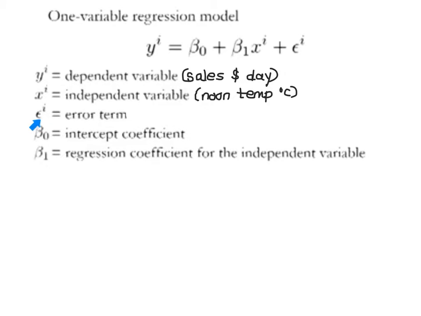Epsilon i is our error term. B naught is our intercept coefficient, otherwise known as our y-intercept. And B sub 1 is our regression coefficient for the independent variable. This is known as our slope.